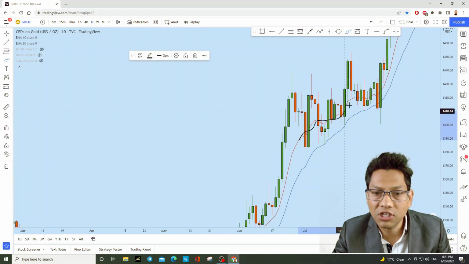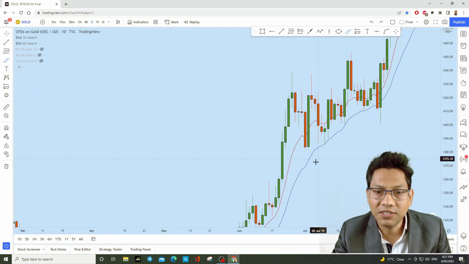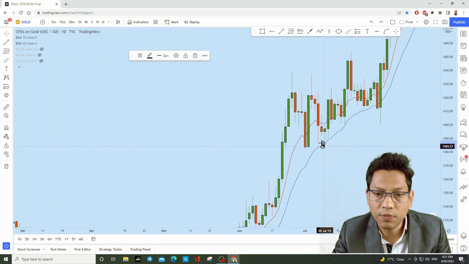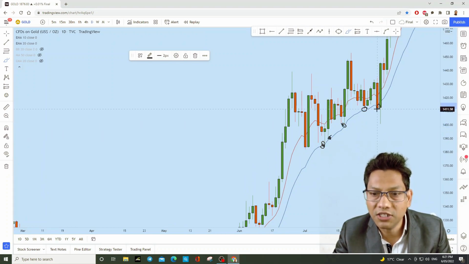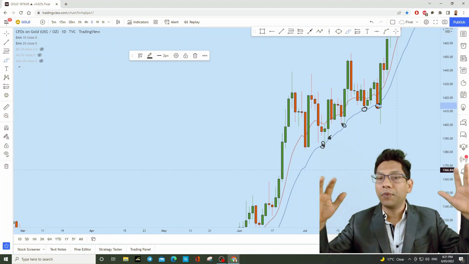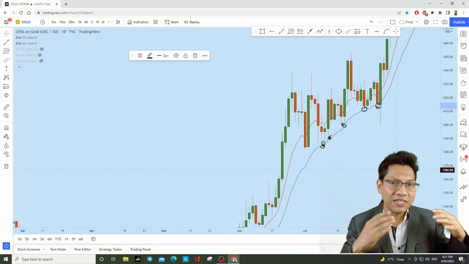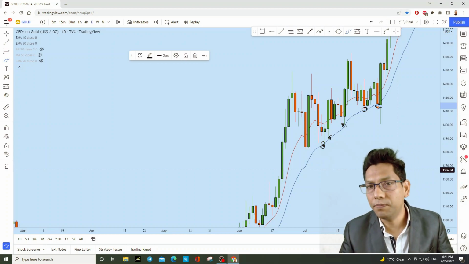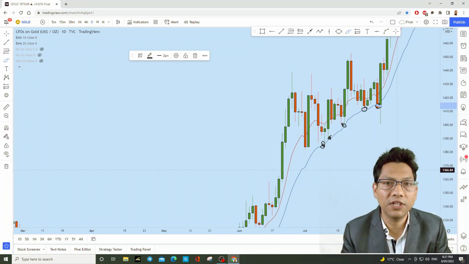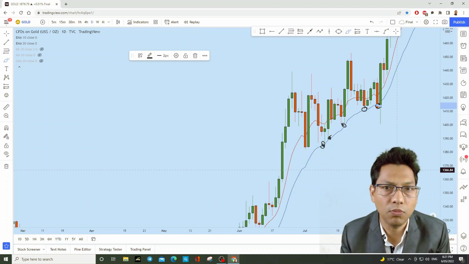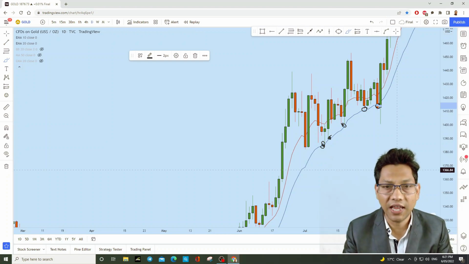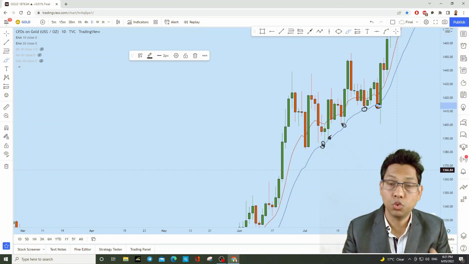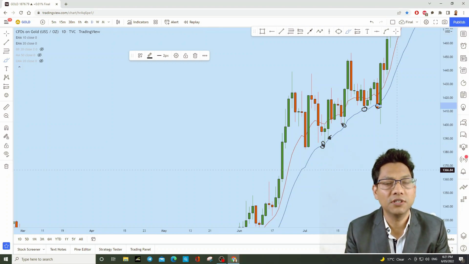When it's not respecting it, you might see that it's exactly respecting this 20 period moving average, with the price touching this and pushing up, touching this, pushing up, touching this, pushing up. So when a market is respecting the 10 period all the time, it's likely that, not for an infinite period of time but in the majority of cases, it will respect this 10 period moving average until it breaks and then starts to respect the 20 period moving average.